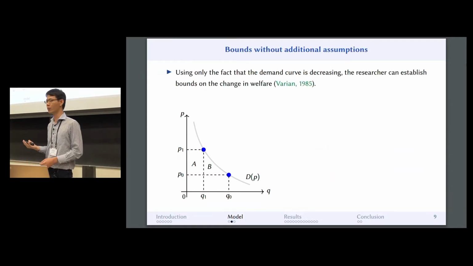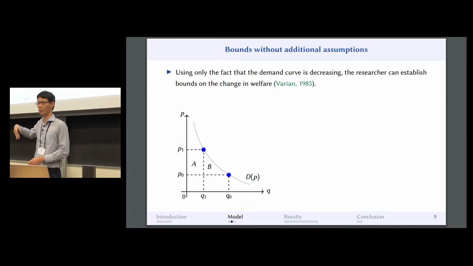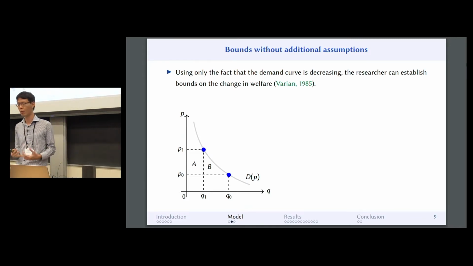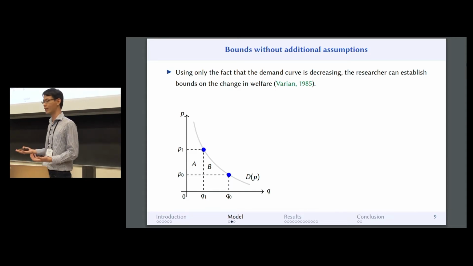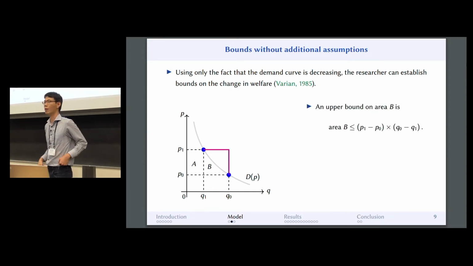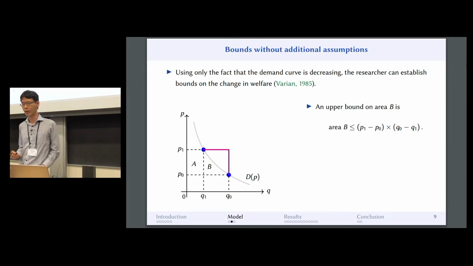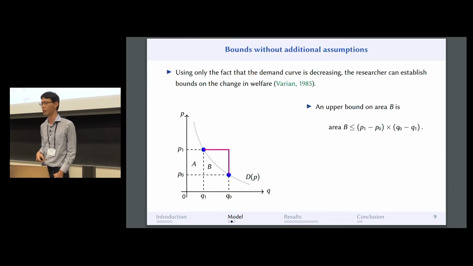Many of you will be thinking right now that, of course, the demand curve is decreasing. We can already establish some simple bounds on this change in welfare, and you are entirely correct. A naive upper bound on this area B, assuming that the demand curve is decreasing, will be given by this red line. That's the largest possible decreasing curve that you could use to connect these 2 points, P0, Q0, and P1, Q1.